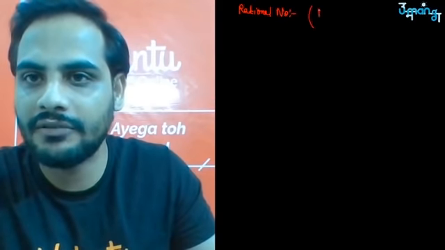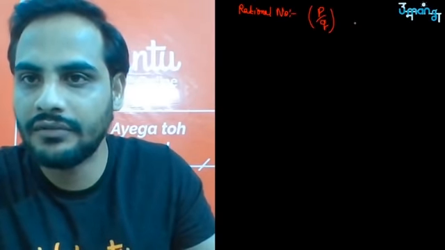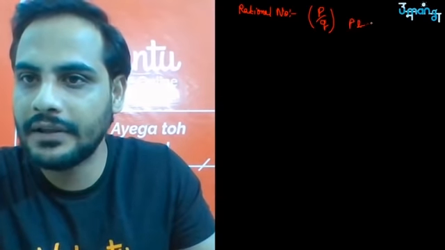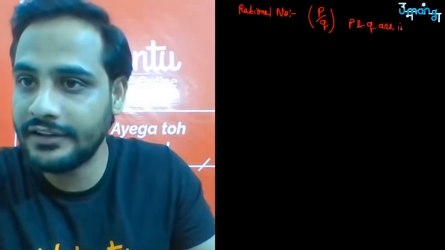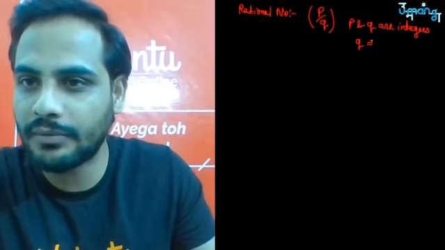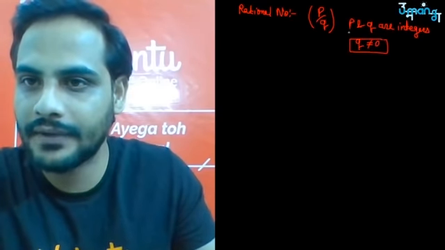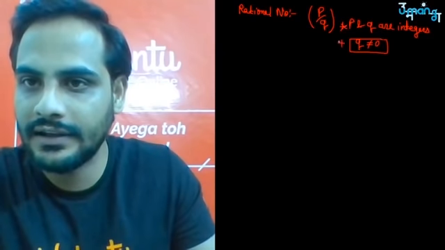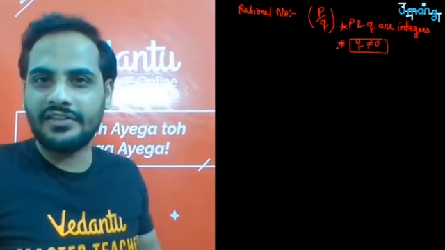About rational numbers, we have learned that it can be written in the form of p by q, where the conditions are: p and q are integers, first condition, and second, q should not be equal to 0. Correct? These are your two conditions. So that was the fractional form.